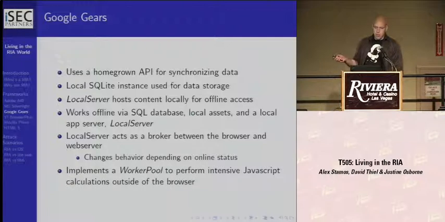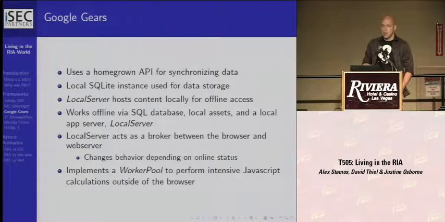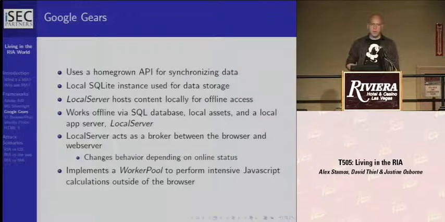The other cool thing is that there are worker pools in Gears, and these are a method for, if you have really intensive JavaScript calculations, to offload them to be processed by something else, rather than actually running inside the browser where you might lock the UI or diminish user experience.